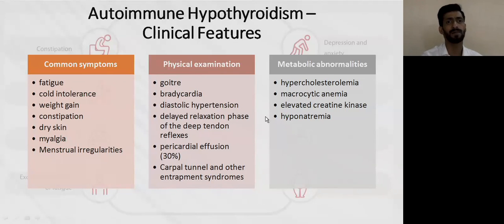What kind of hyponatremia do you see in hypothyroidism? Can one of the first years answer? Somebody else, please. Tell me, what do you get? You get euvolemic. Do you get SIADH?